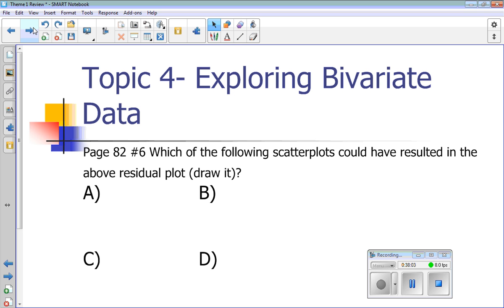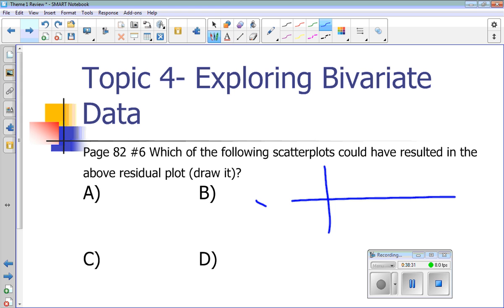What is a residual plot? Let's start from the basics. A residual is how far away y varies from the predicted value. That's what a residual itself is. But what is a residual plot? Your x values are going to be along this axis, and your y values are going to correspond to the actual residuals.